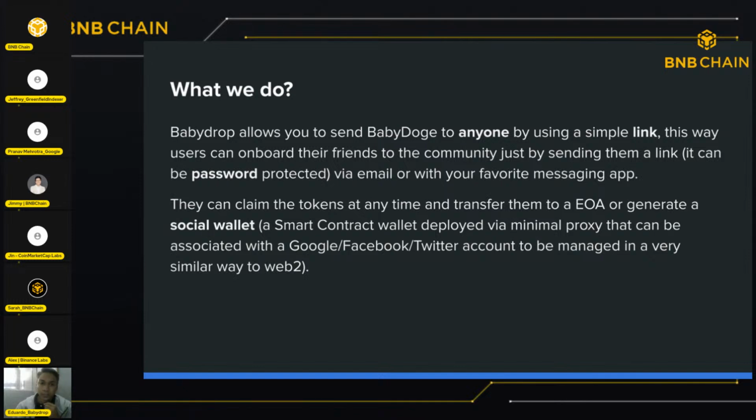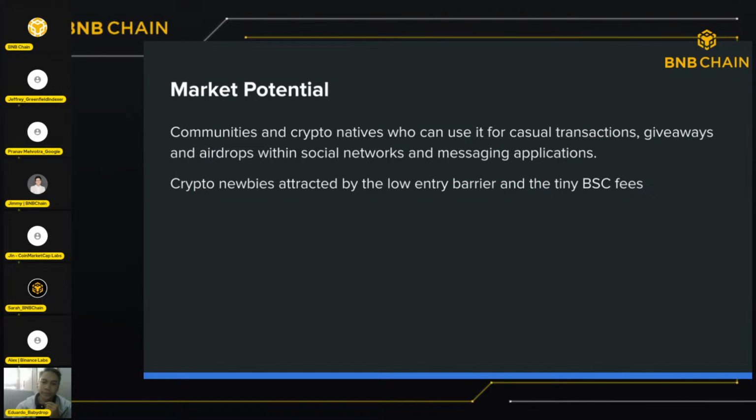The users can claim the tokens at any time and transfer them to an externally owned account in MetaMask or a social wallet, which is a smart contract wallet deployed inside the app, and it can be managed via a social account like Google, and it works in a very Web2 way.